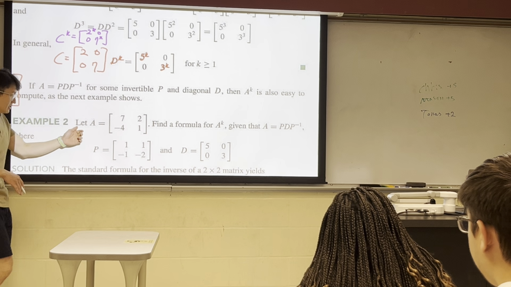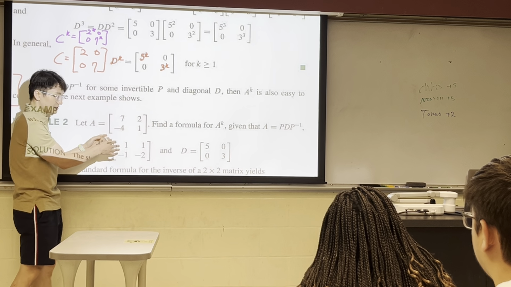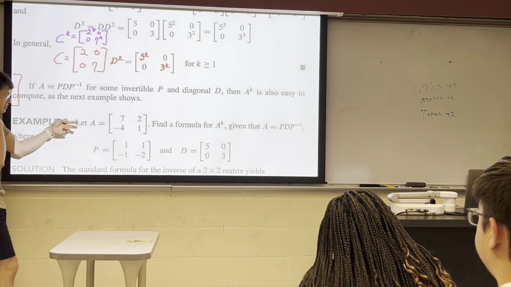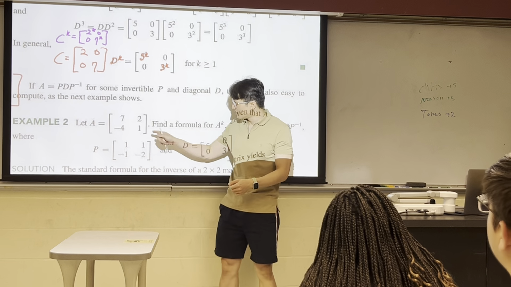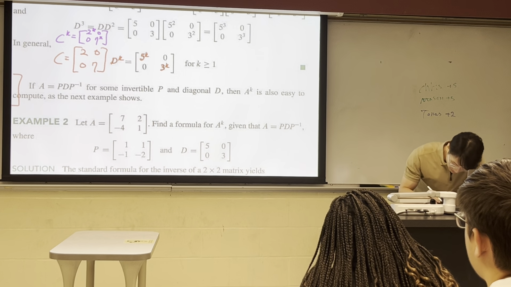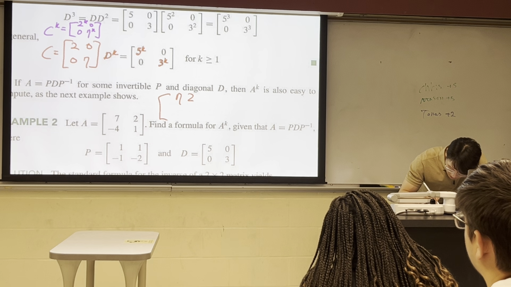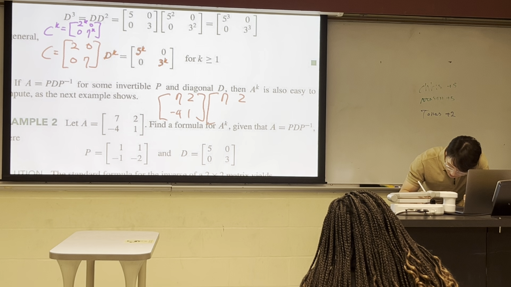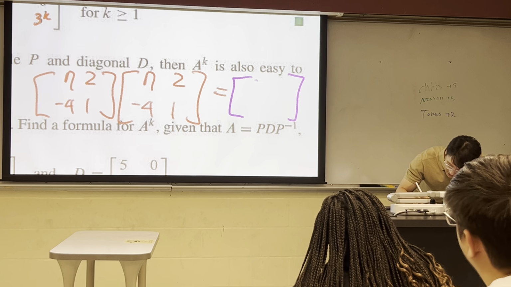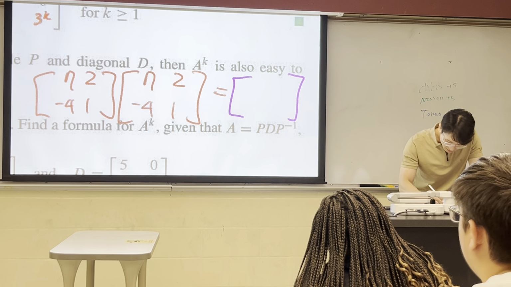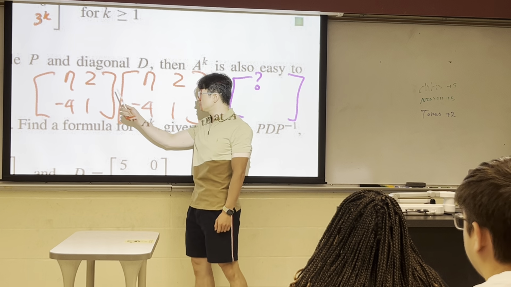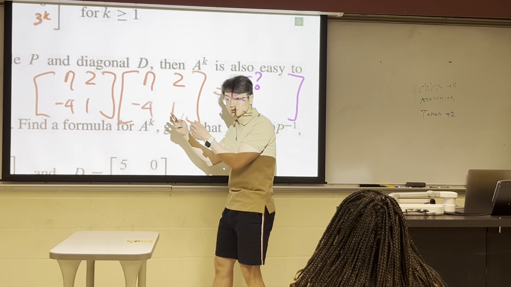As David said, if I want to multiply this so many times, like K times, it's going to be a lot of work because I have to multiply each entry by each entry and add them for one entry. So for example, if I want to compute the first entry of this, then I have to multiply 7 by 7, 2 by 4, plus the result of these two multiplications.